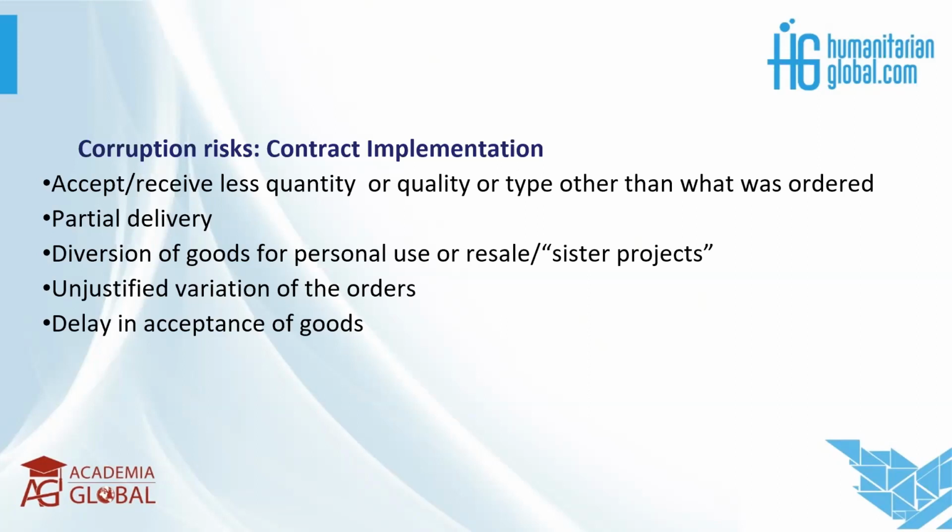And we should be very keen, especially at this point of contract implementation, because this poses the highest chance of corruption risk, because this is where there's an exchange of money and resources that we are procuring. So if you're not very keen, then this area of the procurement process has a great chance of compromising the entire process.